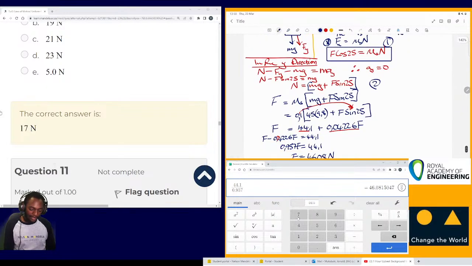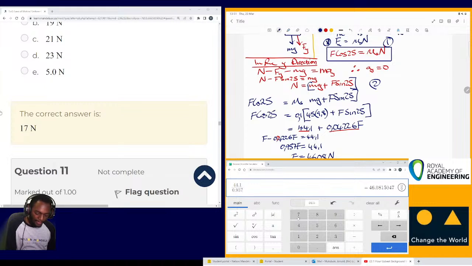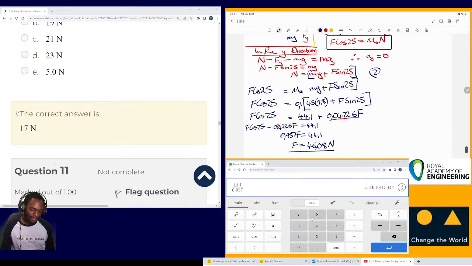So which means we are supposed to come and change here. So this is F cos 25, and this becomes F cos 25 minus that, so it's not just 1.